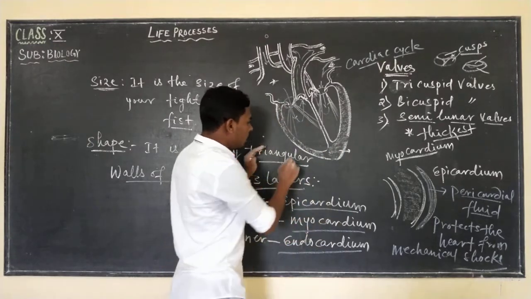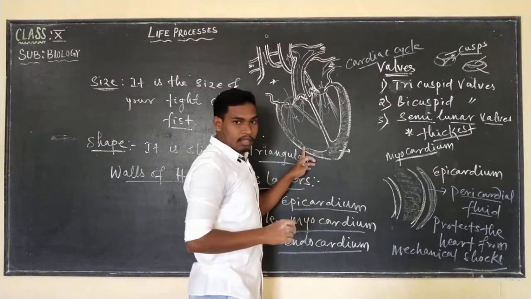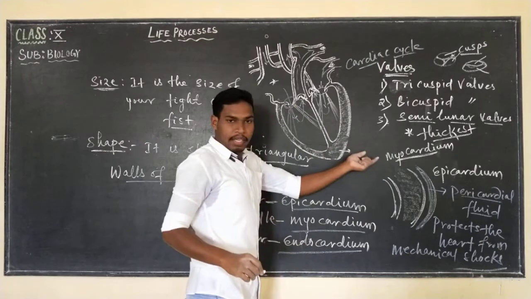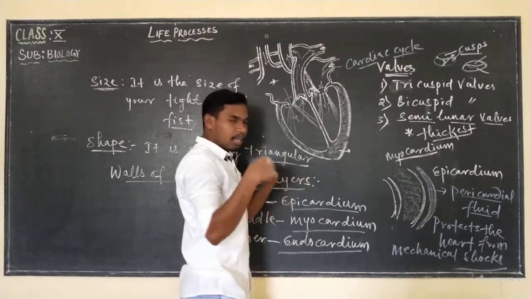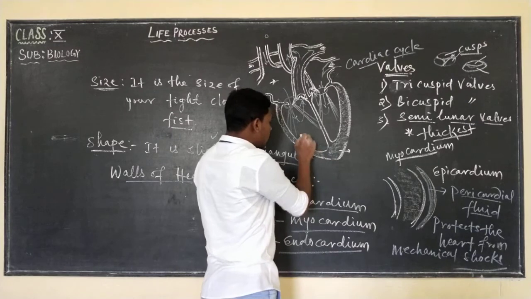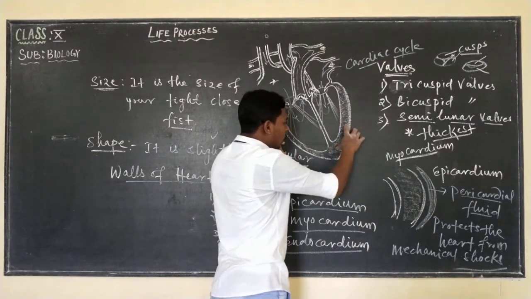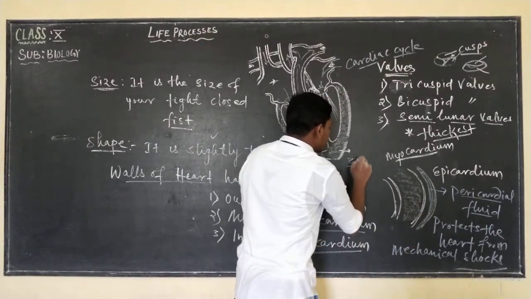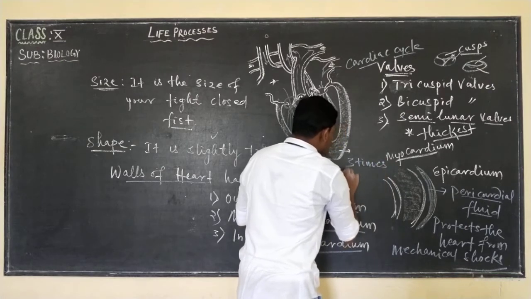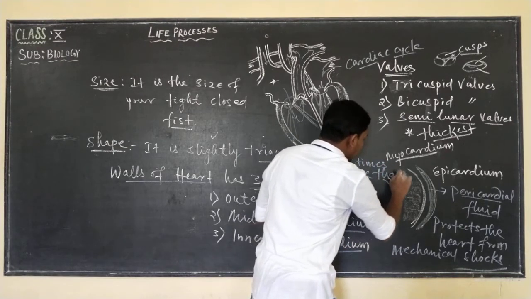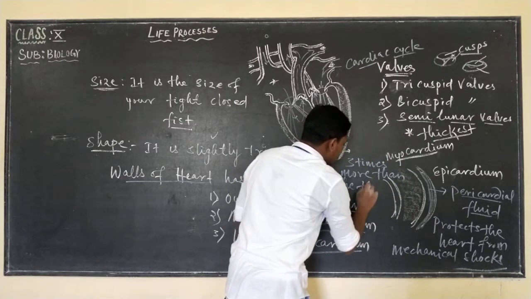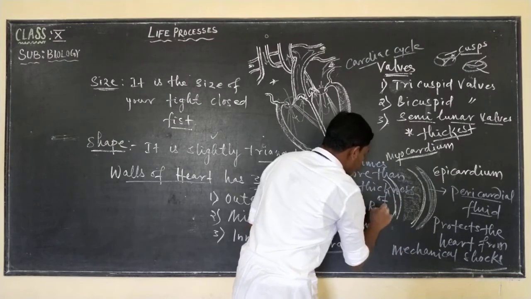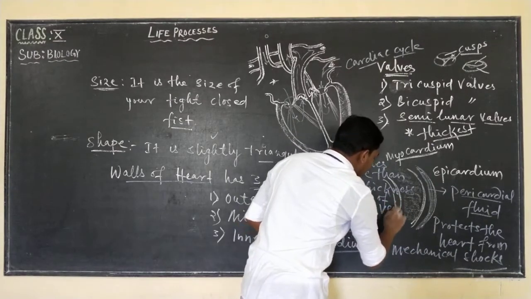And you should remember, the thickness of this wall is three times that of this wall. In other words, we can also say it like this: the thickness of the left ventricle is three times more than the thickness of the right ventricle.